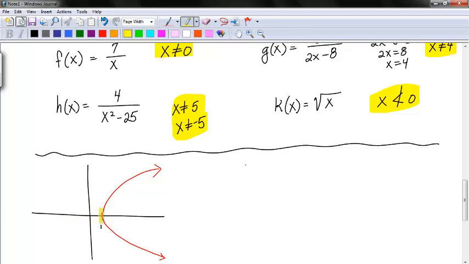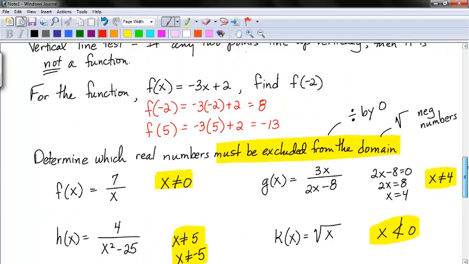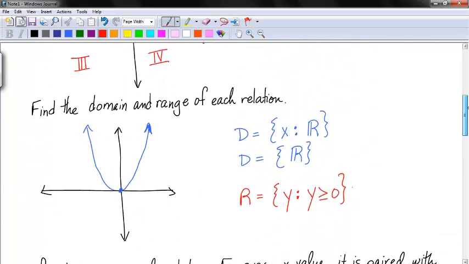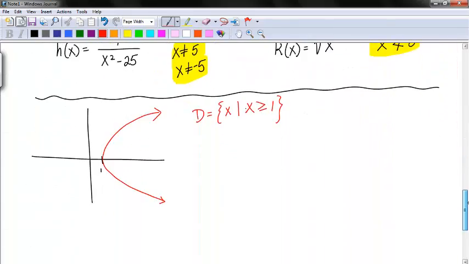First x value that we use is 1, and every x value greater than that. So when you write the domain, it is the set of all x's such that x is greater than or equal to 1. It is equal to it. Did I have equal to on that other one? Yeah, I did. Okay, just checking.